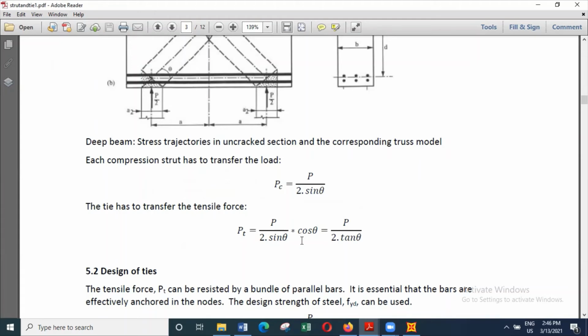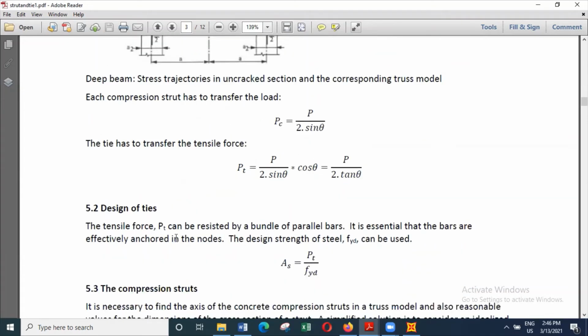So that way we can actually work out the reinforcement needed. So the tensile force PT can be resisted by a bundle of parallel bars. It is essential that the bars are effectively anchored in the nodes.